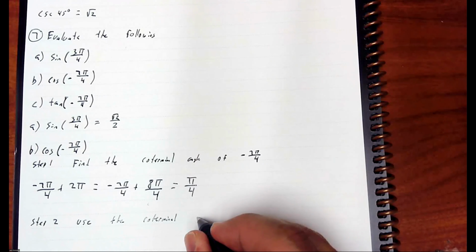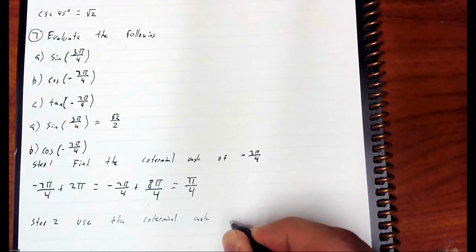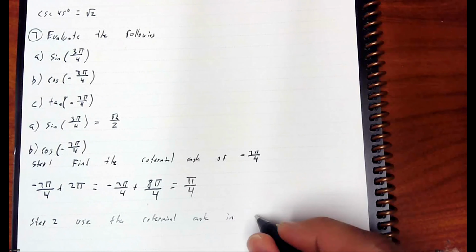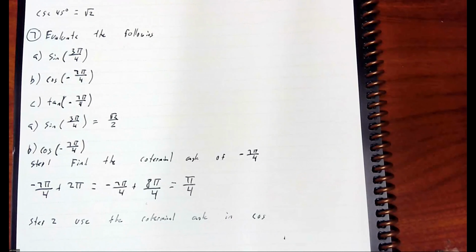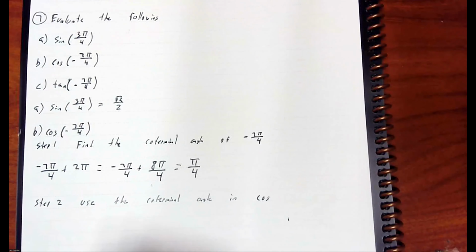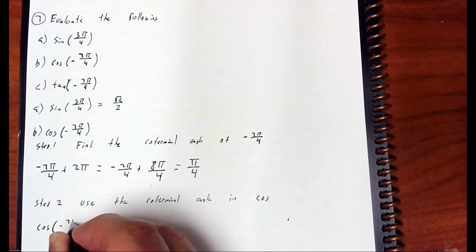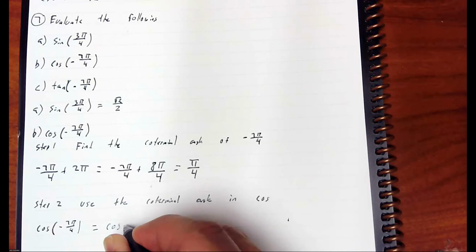So use the coterminal angle in cosine. So essentially, cosine of negative 7 pi over 4 is equal to cosine of pi over 4.